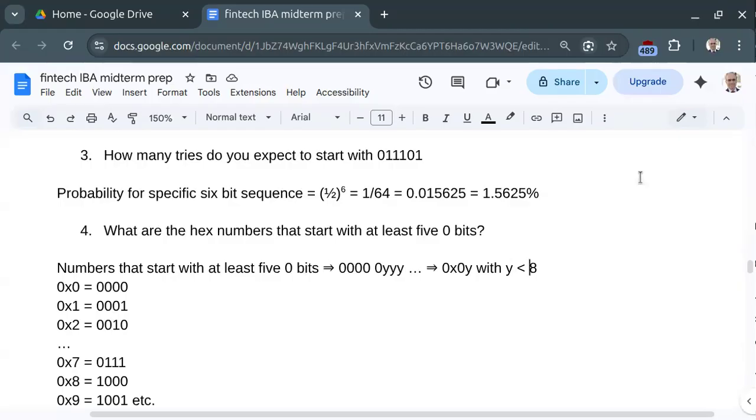So if I start with 03, for example, yes, 03 has at least 5 0 bits. If I give you 07, yes, that starts with at least 5 0 bits. But if I give you 0A, for example, then it doesn't have 5 0 bits, it has only 4 0 bits, and so on. Is it clear?